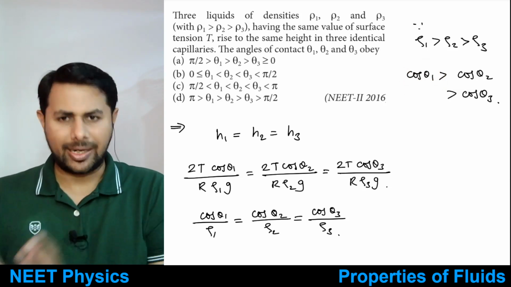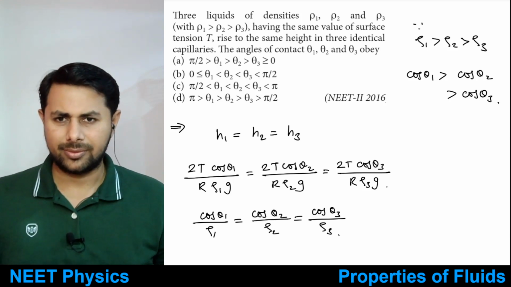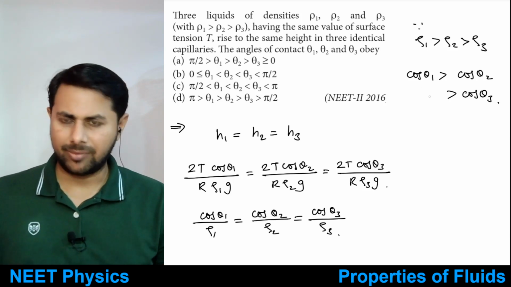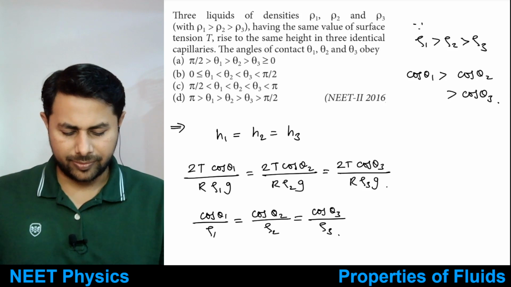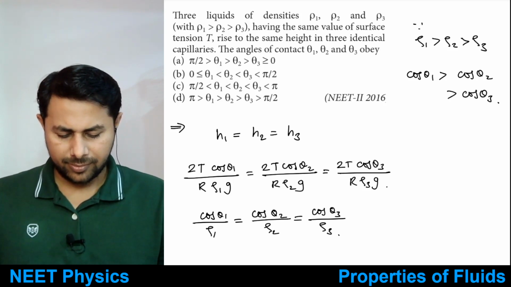Because cos 0 is maximum, cos of pi by 2 is minimum, cos of pi by 2 is 0. Okay, in magnitude, right? In the magnitude, cos 0 is maximum, cos of pi by 2 is 0. This thing is clear? Yes, no?